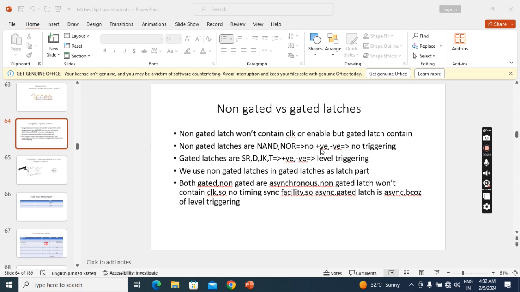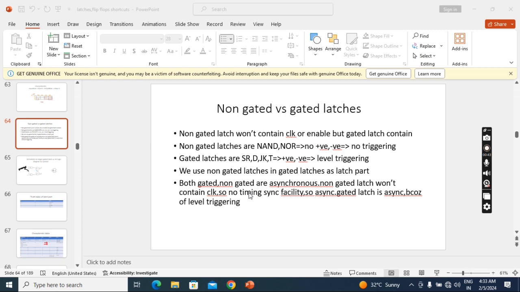There is no positive or negative triggering in non-gated latches. But gated latches include SR, D, JK, and T, and they are positive or negative level triggered. And when constructing gated latches, we use non-gated latches as the latch part.